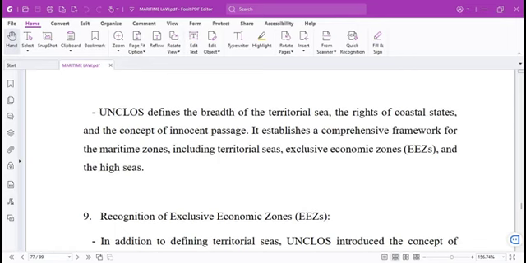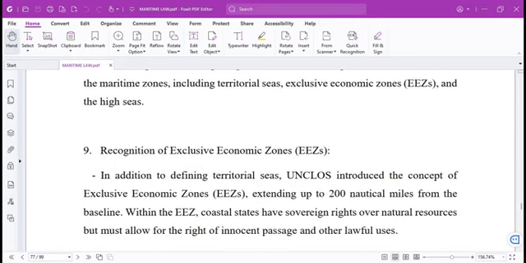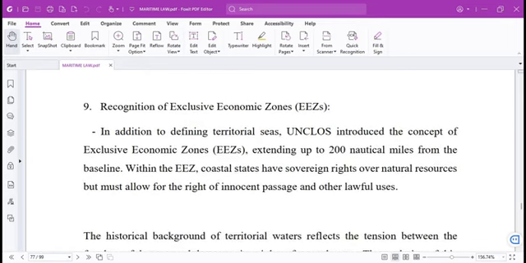The recognition of exclusive economic zones (EEZ). In addition to defining territorial seas, UNCLOS introduced the concept of the exclusive economic zone extending up to 200 nautical miles from the baseline.